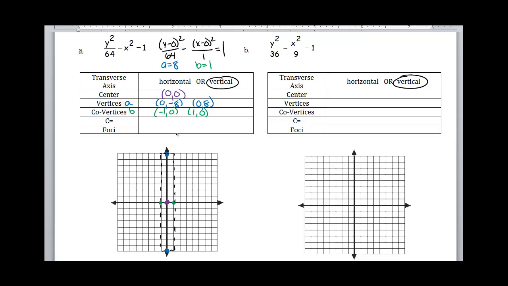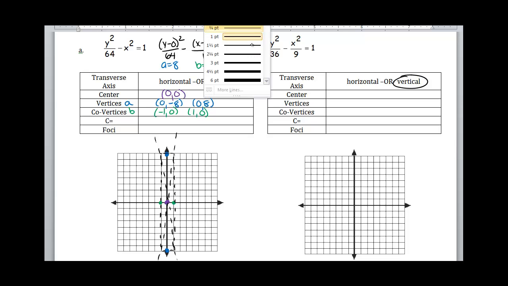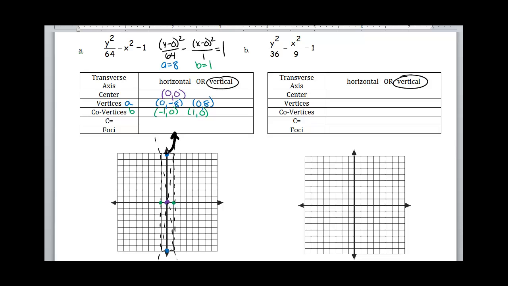From here, I want to draw these asymptotes through the corners of the box and the center. These asymptotes are going to tell me how wide or how skinny to draw my hyperbolas. Next, because this is a vertical hyperbola, I would go up to the vertical up and down vertices and draw in my hyperbola.